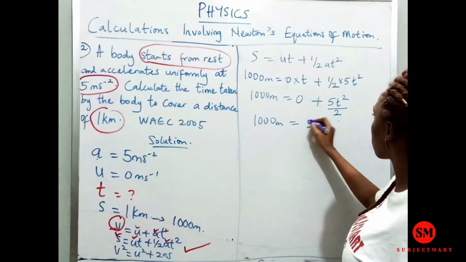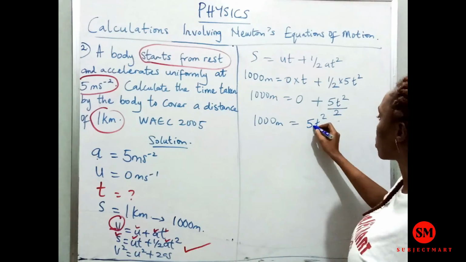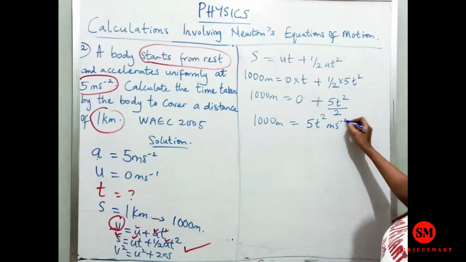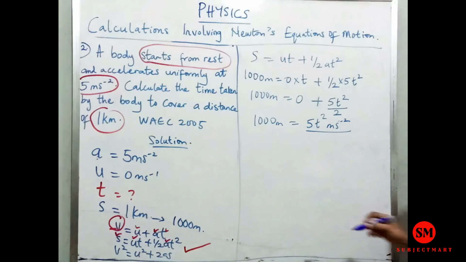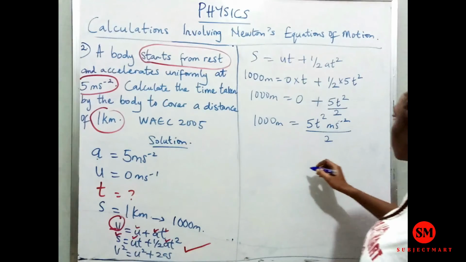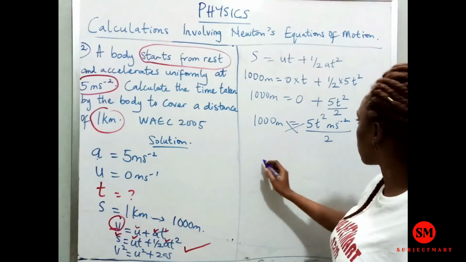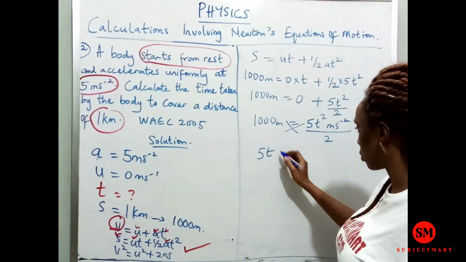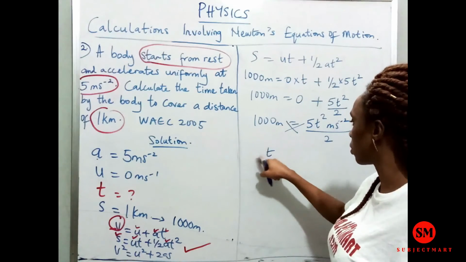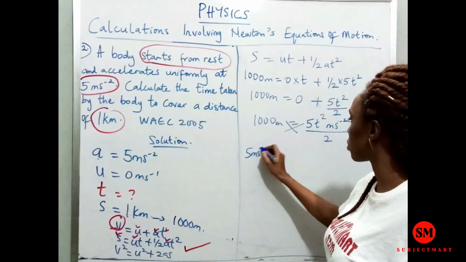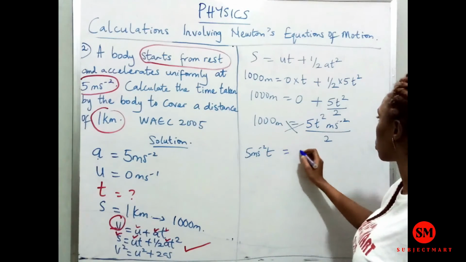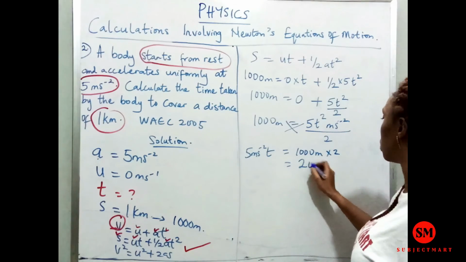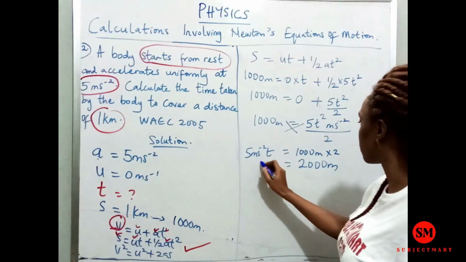Of course, this 5 is carrying meter per second squared because it's acceleration. So when we cross multiply, I can write 5 meter per second squared and t squared equals 1000 meters times 2. This will be equal to 2000 meters.